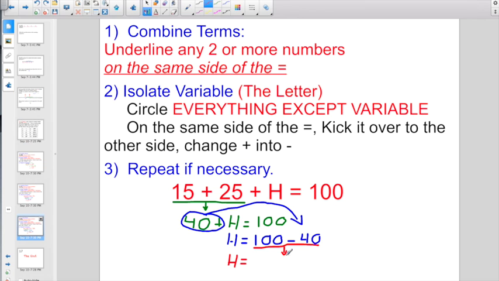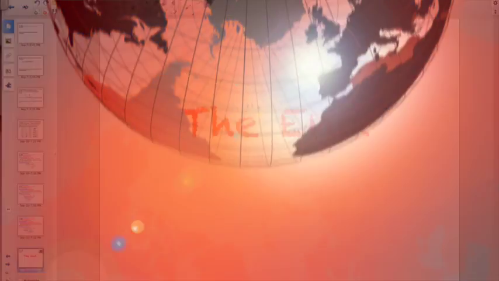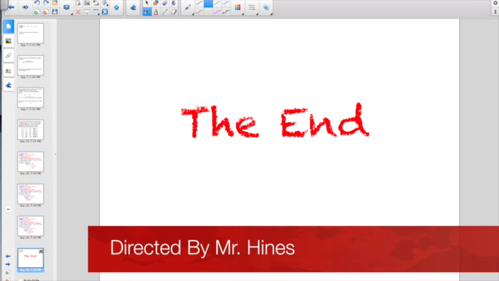I just want to go and write down the answer. H is equal to 60. And if you're not sure about it, go ahead and plug in 60 in place of H. 15 plus 25 is 40, plus another 60 that we say H is equal to. Hey, that does equal 100, doesn't it? So that, my friends, is the end.